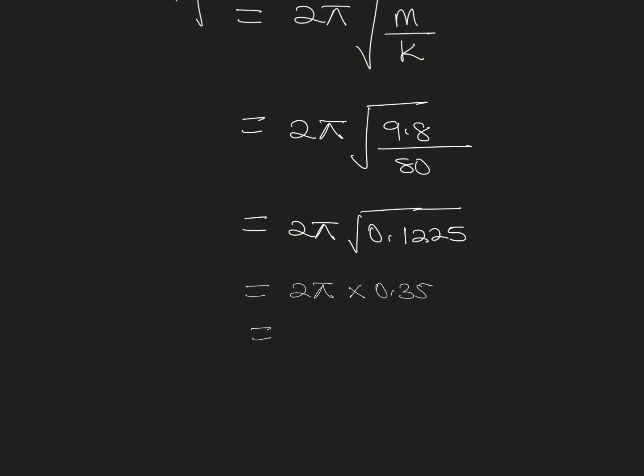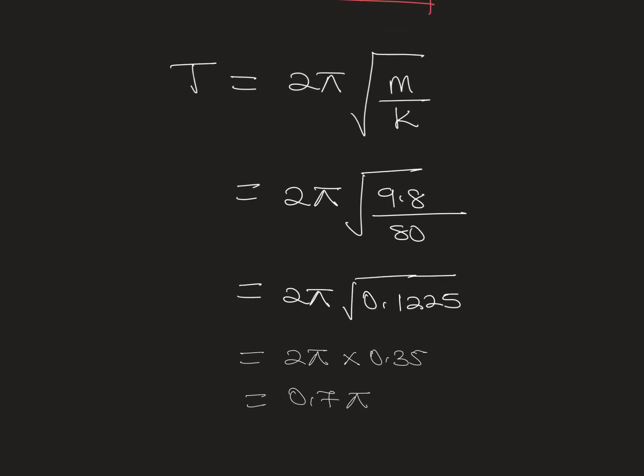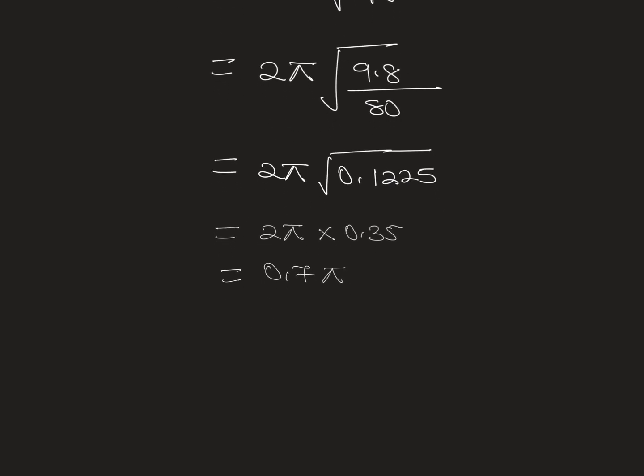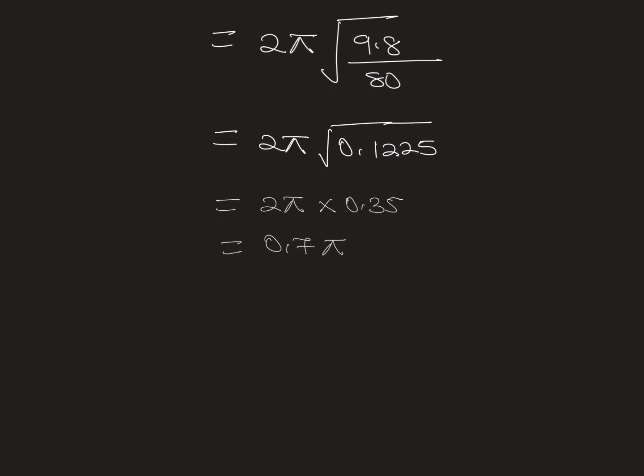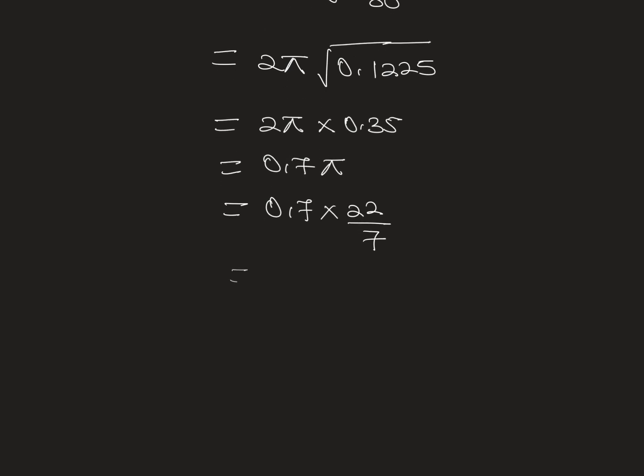So 2 times 0.35 is 0.7 pi, as the period in seconds. But if we want to substitute the value of pi as 22/7, we multiply that by 22/7, which means we will have the period as 2.2 seconds. So that is the period. It is 2.2 seconds.